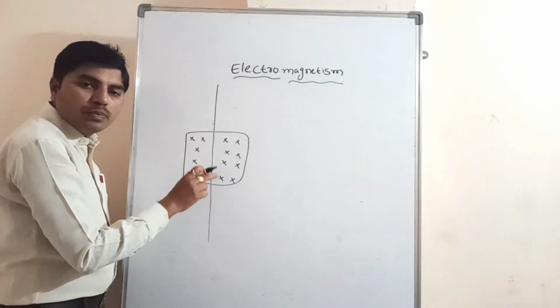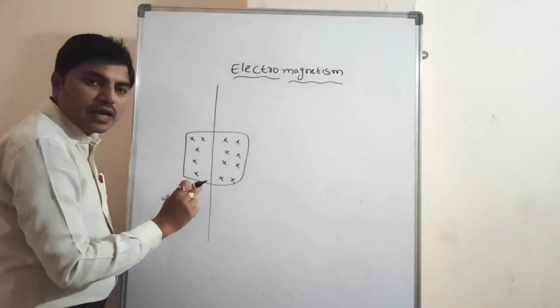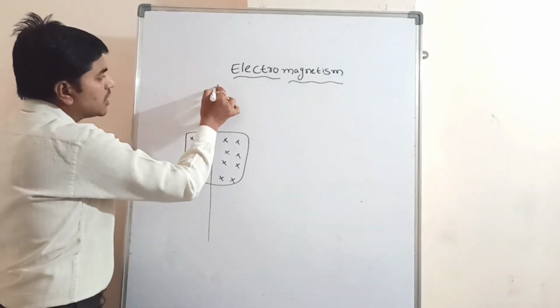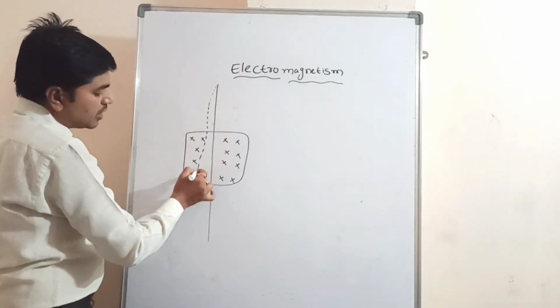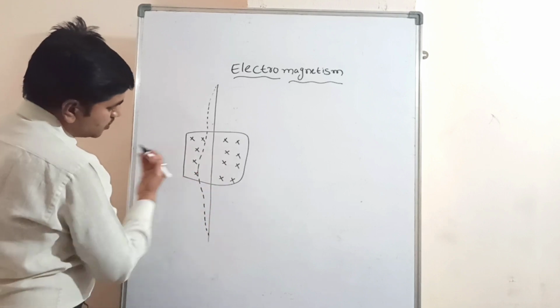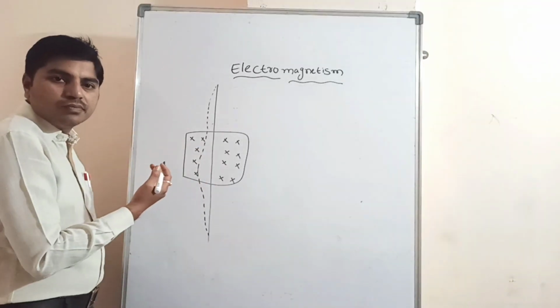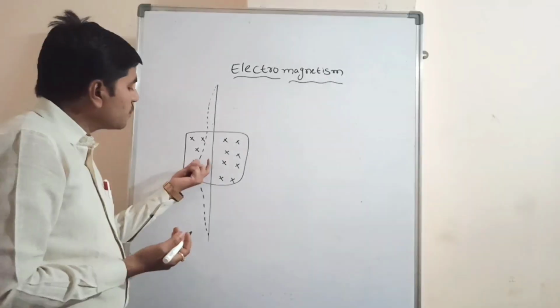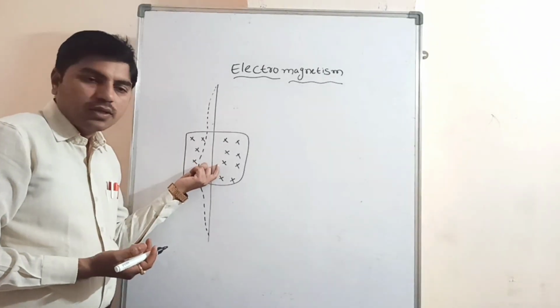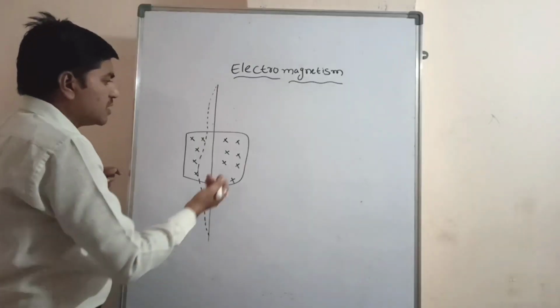When we switch on the battery, the conductor contains electric current, so the wire will move to a different direction. So what is the force acting on it? Yes, there is a force.